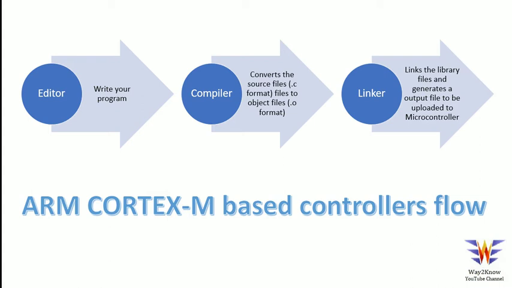So in this video we will take one step back to see what happens during the generation of the output file, and then how the debugger, or whatever the interface that you are using, knows where to load this program.